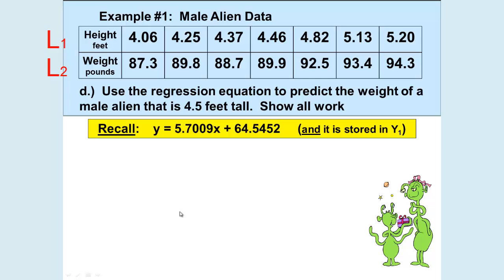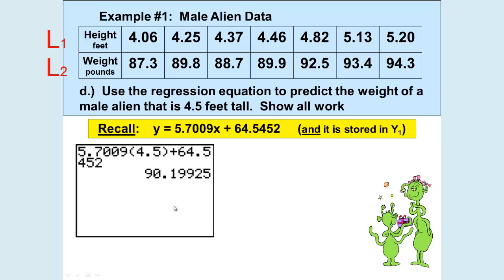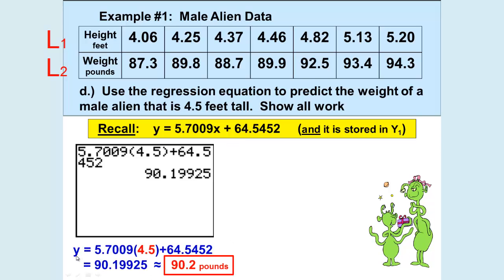We have two ways that we can use our calculator to calculate the weight in pounds. We can use the calculator just to do the arithmetic for us and plug 4.5 feet in for the x. 4.5 feet tall is the height and x is the height. So if we plug 4.5 in for x, we need to find y by taking 5.7009 times 4.5 plus 64.5452.